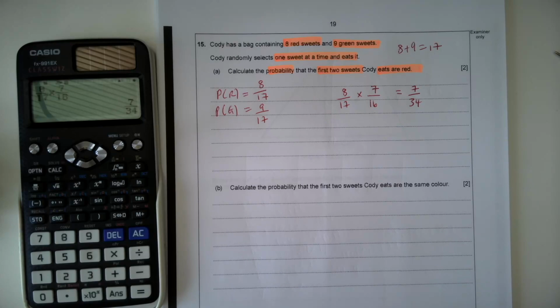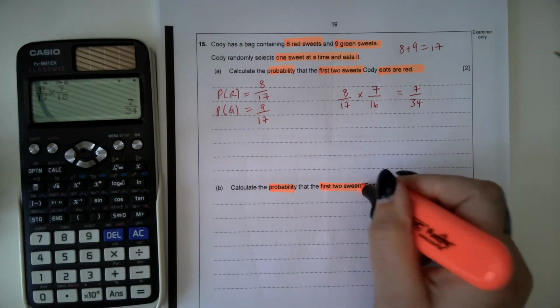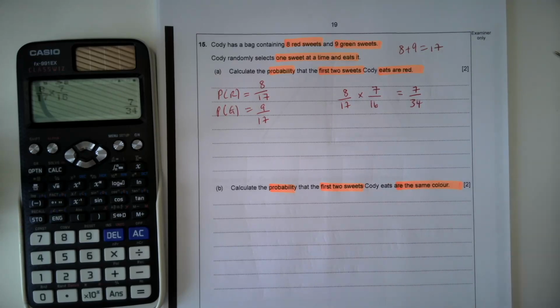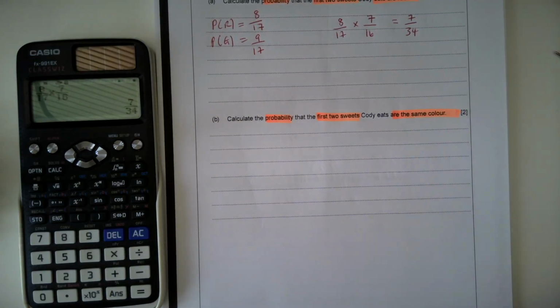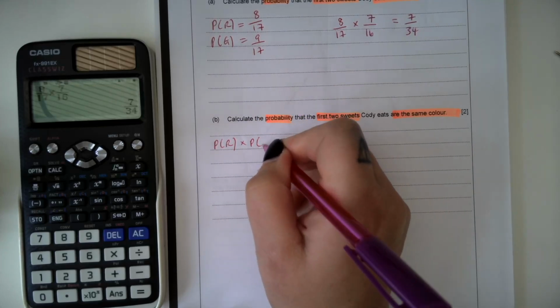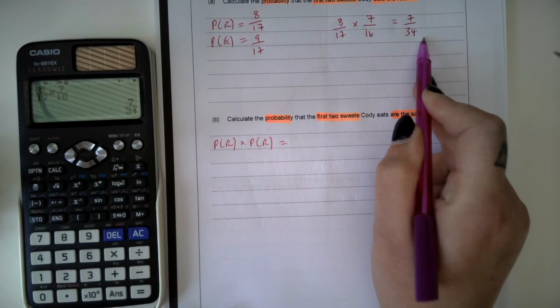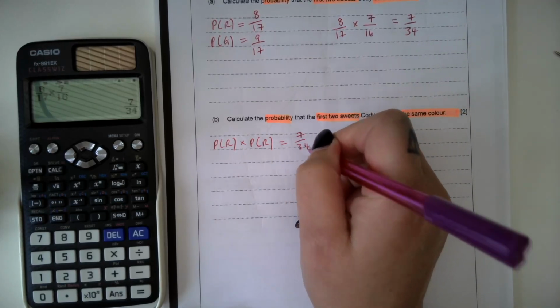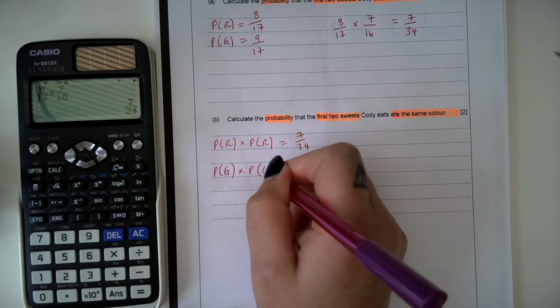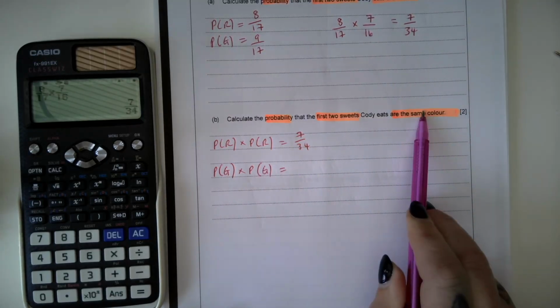Part B, calculate the probability that the first 2 sweets Cody eats are the same colour. Okay, so this means we are working with the probability of red multiplied by the probability of red, which we already worked out. But we're also then doing the probability that it's green and green for the first 2 sweets, so the same colour.